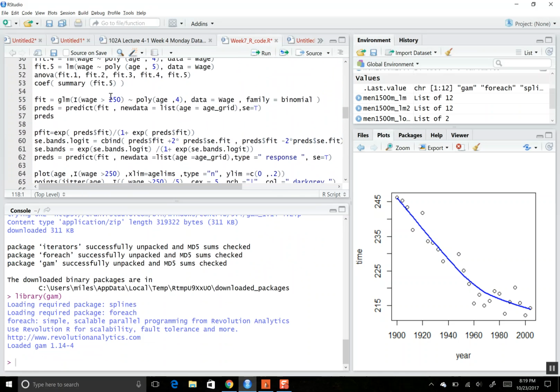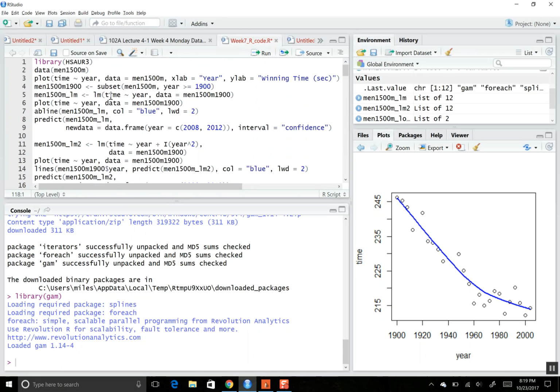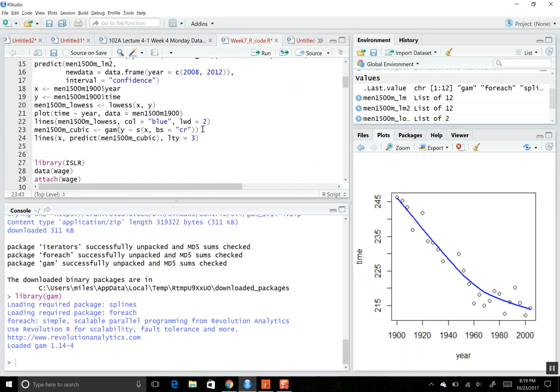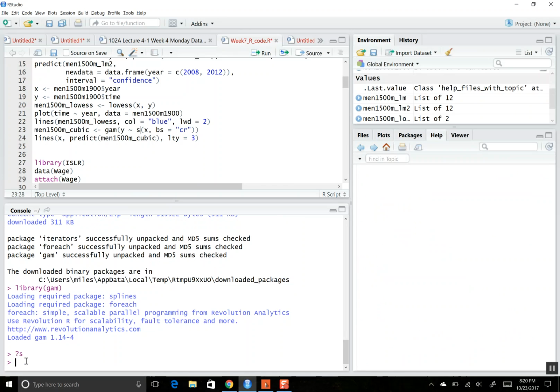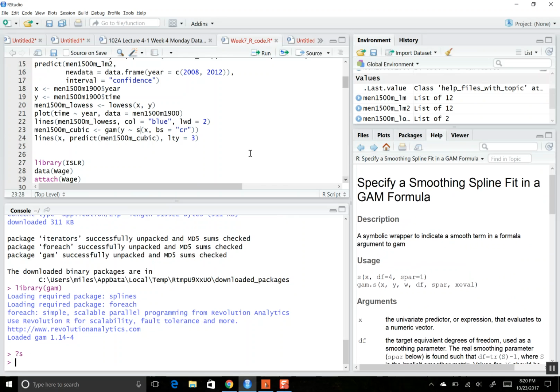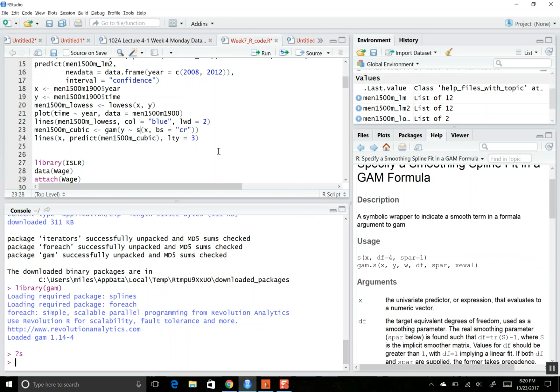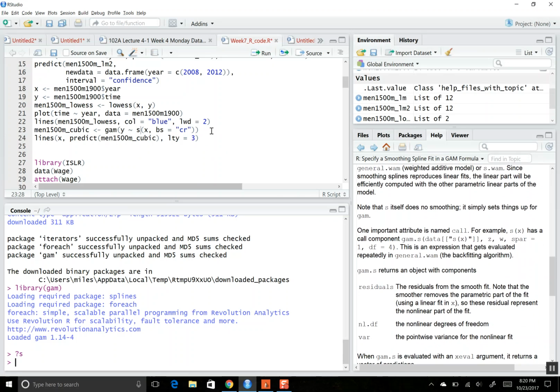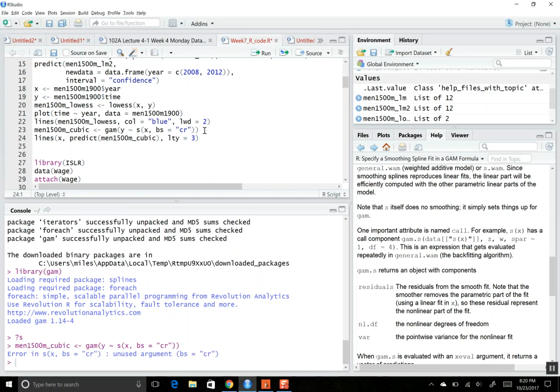If we want, we can fit a cubic regression spline. So we're going to say gam, a fit between y and then, here, this function s fits a smoothing spline in a gam formula, and for the basis, bs, cubic regression is the option here. So we're going to fit that.